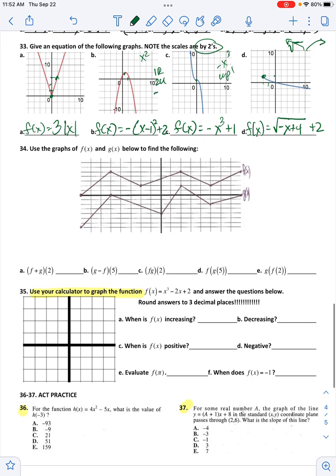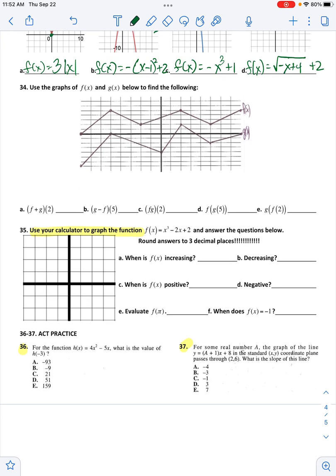Okie doke. Here I am using the graph, so I need the graph values, top function f, bottom function g. This is asking for f of 2 plus g of 2. So I just find those values. F at 2 is going to be this point, so 1, 2, 3, 4, 5. And then I'm going to be adding g of 2, so at 2 that's 2.